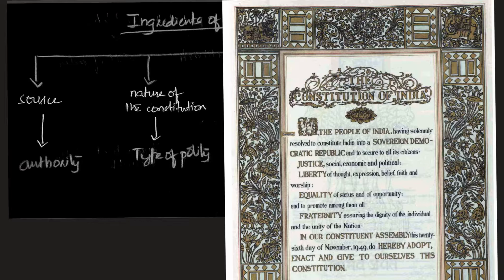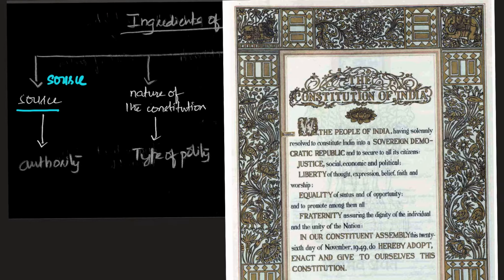When we talk about the Indian constitution, the first part is the source of the constitution. What kind of source are we talking about? The source of the Indian constitution is not from somebody else.